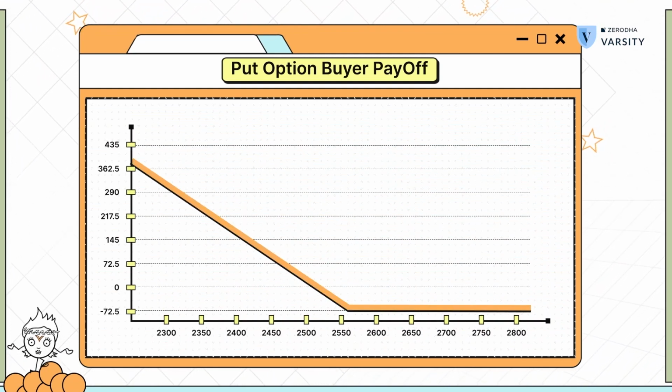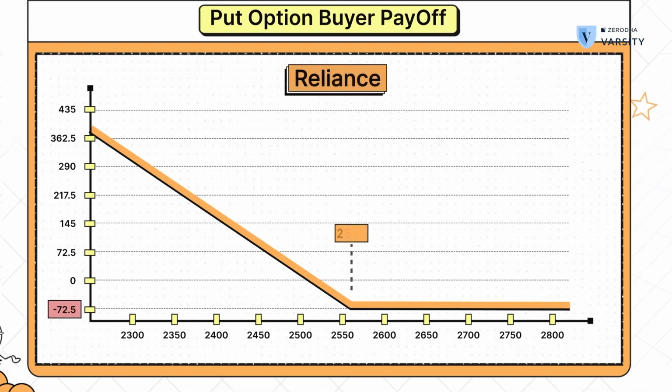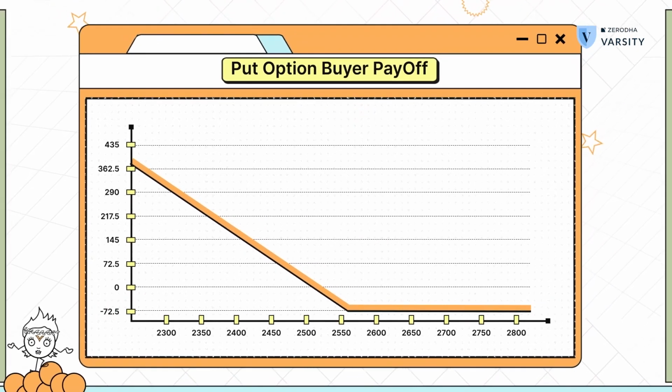As you can see, the loss here is restricted to the extent of the premium that you've paid, that is 72.5, as long as the price of Reliance stays at 2,560 or higher. The moment it starts cracking below 2,560, that's when your profit starts to roll. The more the stock price cracks, the higher is your profit potential. This is the put option buyer's payoff.